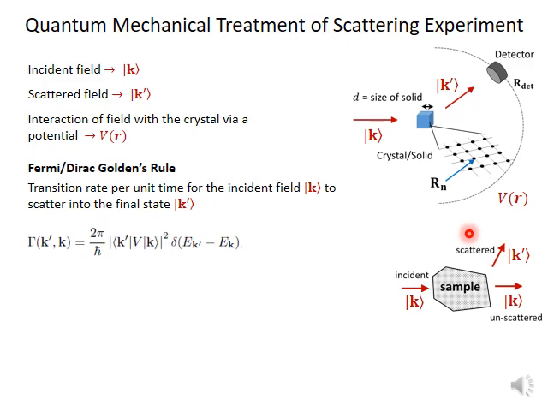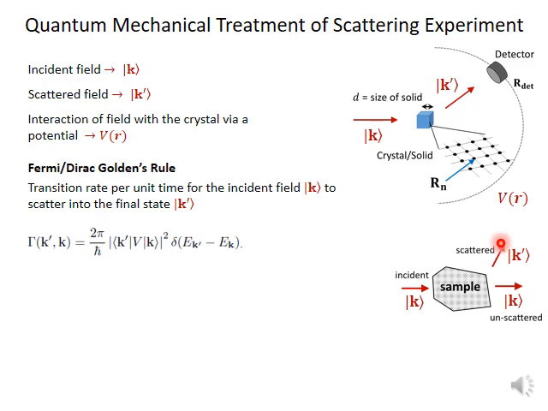Of course, you can have scattering in which the scattered wave has a different frequency than the incident wave. These are called inelastic scattering, but at the moment we are not interested in that. But let me tell you that they also describe very important phenomena, and inelastic scattering can give very valuable information about the sample itself.